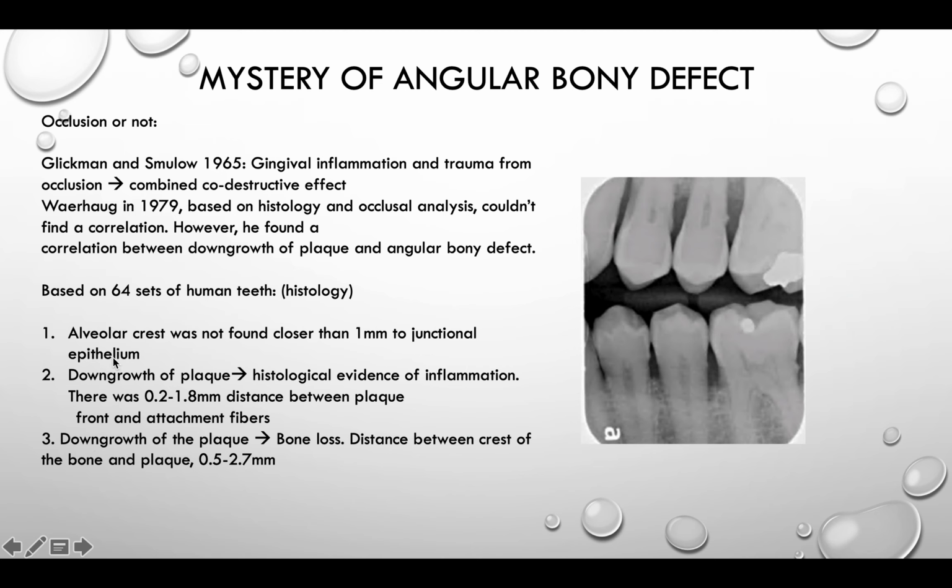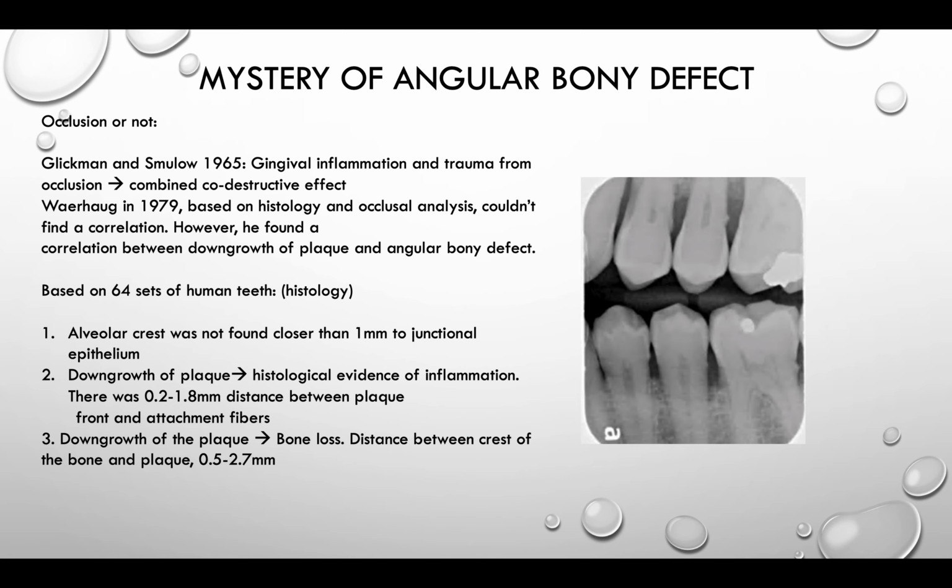It means if you have bacteria, there's inflammation, and in the process of inflammation you have destruction of the attachment apparatus. So the junctional epithelium keeps this distance and moves more apical. Regarding the downgrowth of plaque, in the histological evidence he found that there is inflammation when you have plaque.